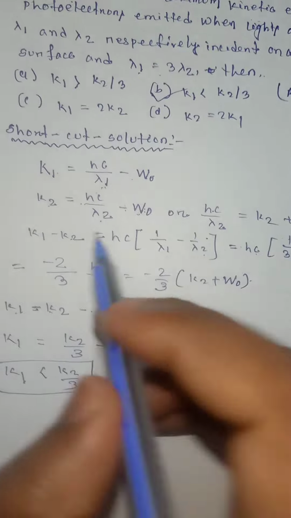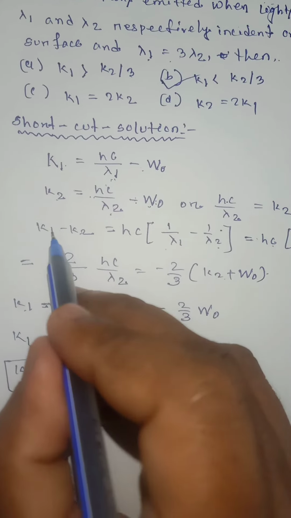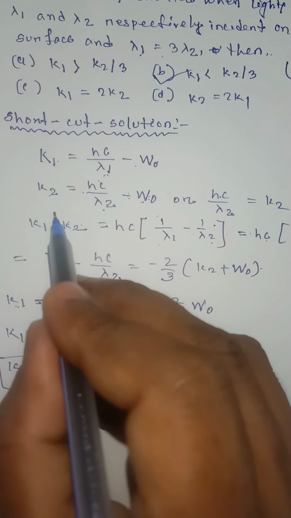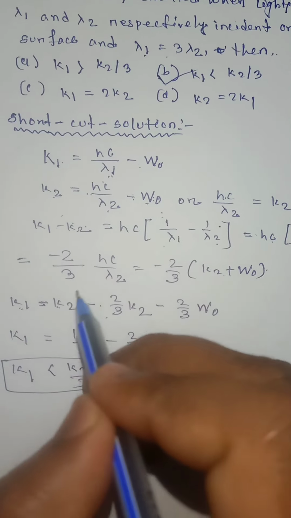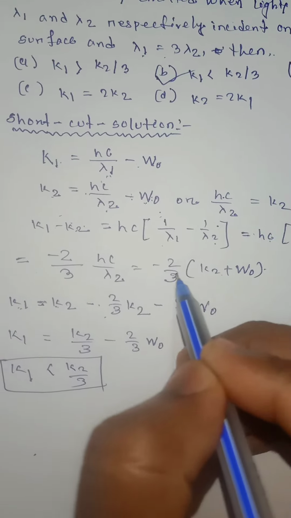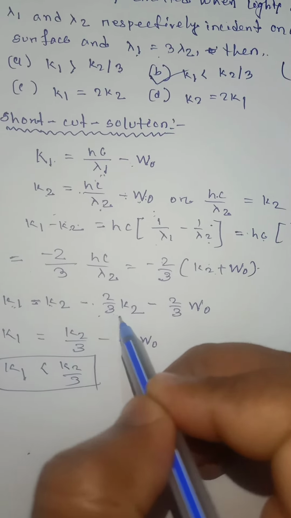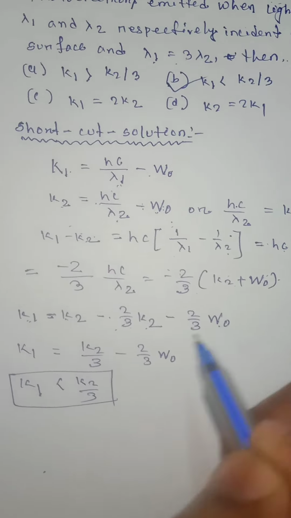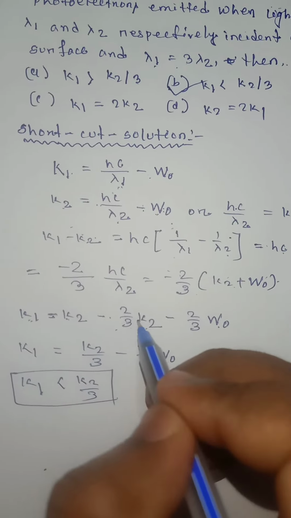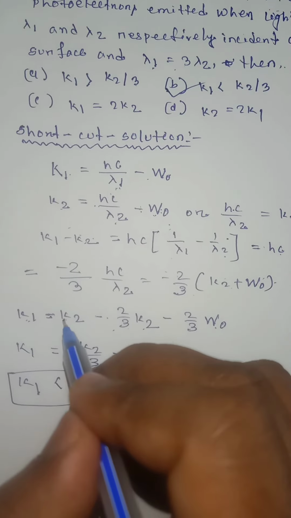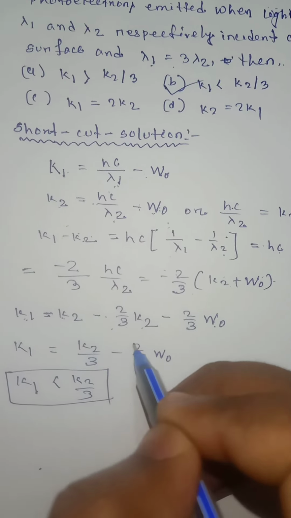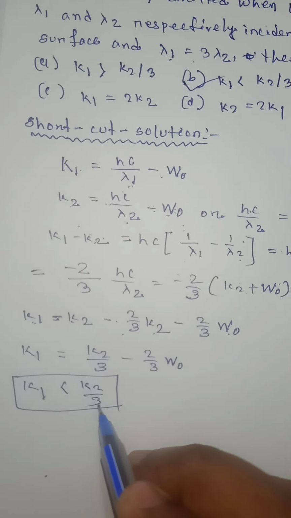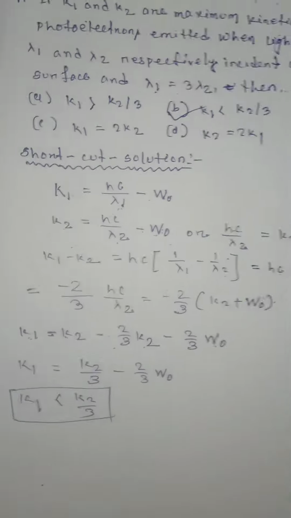So K1 minus K2 equals minus 2 by 3 (K2 plus W0), and moving to the right-hand side, K1 equals K2 minus 2 by 3 K2 minus 2 by 3 W0. Taking LCM 3, that is 3 K2 minus 2 K2, so K2 by 3 minus 2 by 3 W0. So K1 is less than K2 by 3. This was your answer.